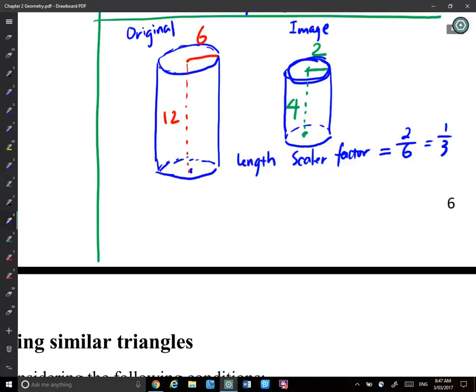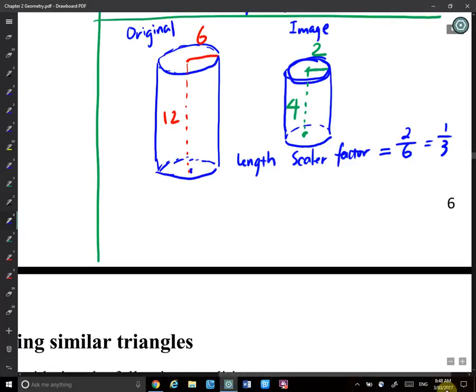In a 3-dimensional shape, we are not talking about area. We talk about surface area instead of area. It's still all the faces added together. So the surface area scale factor equals 1/3 squared.